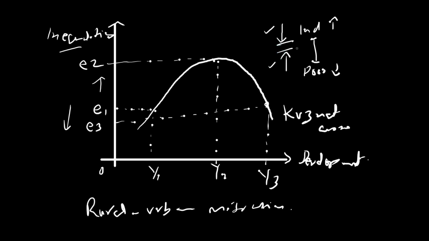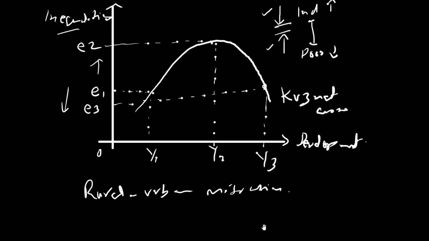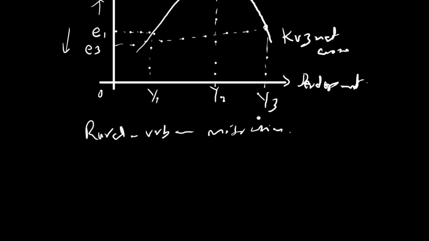So this is how Kuznets used the idea of rural urban migration to explain that when countries develop, they initially cause an increase in disparities, but eventually disparities decrease. Disparities are basically the income gap between the rich and poor. So initially the income gap between rich and poor increases with development, but eventually it falls.